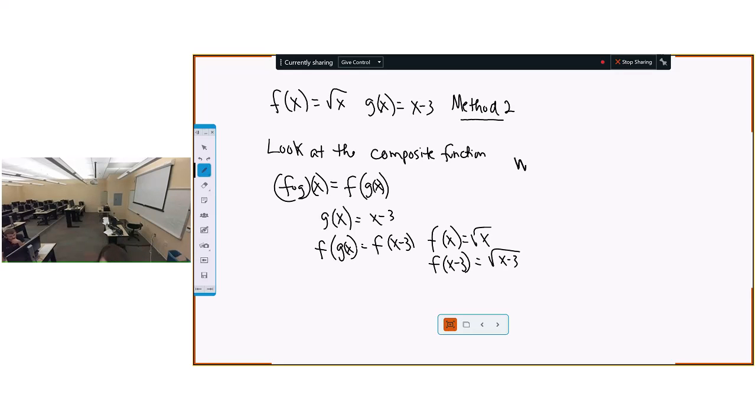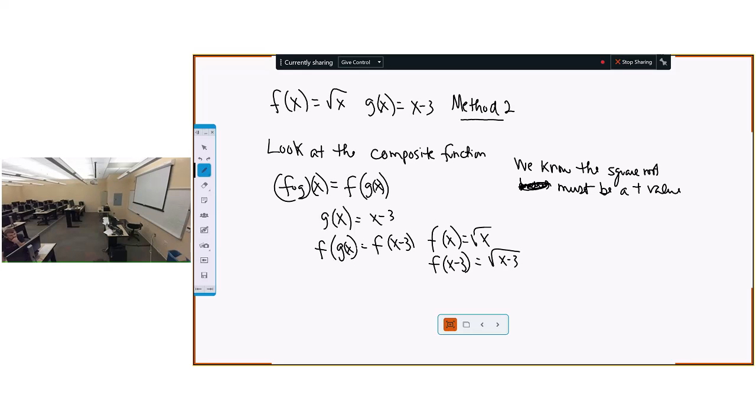So we know the square root must be a positive value.